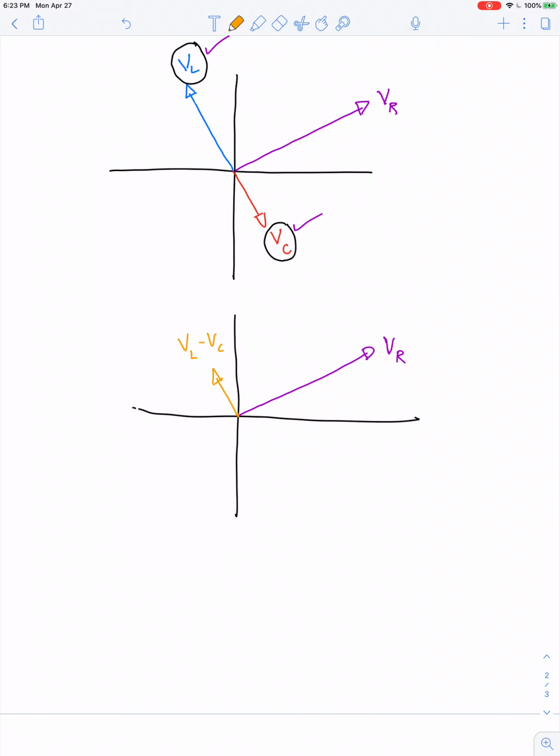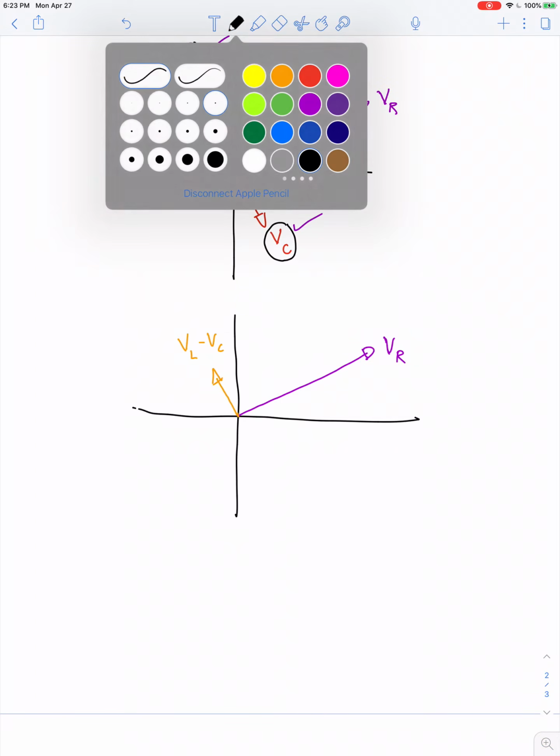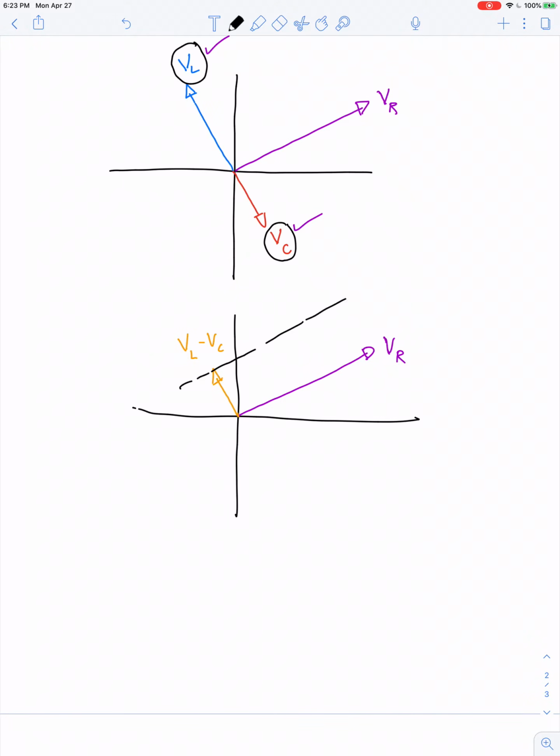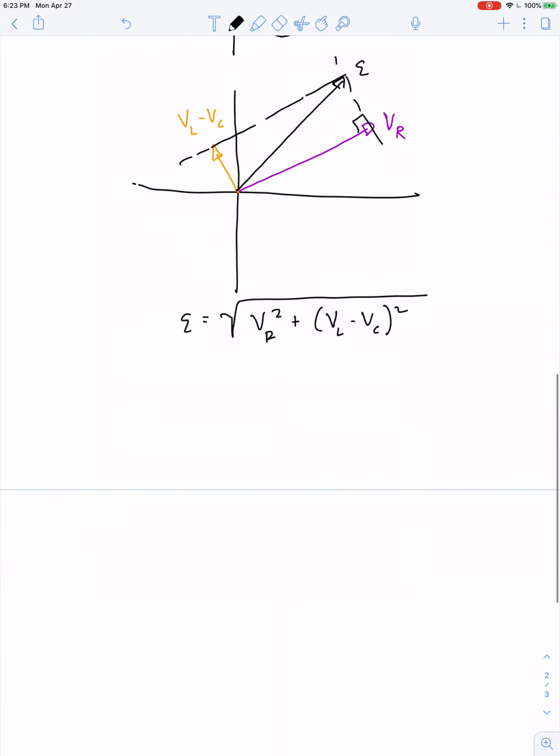So if we want to find the total voltage for the circuit, we need to add using the Pythagorean theorem. We need to find the hypotenuse of this right triangle. So the EMF is equal to the square root of VR squared plus VL minus VC, quantity squared.